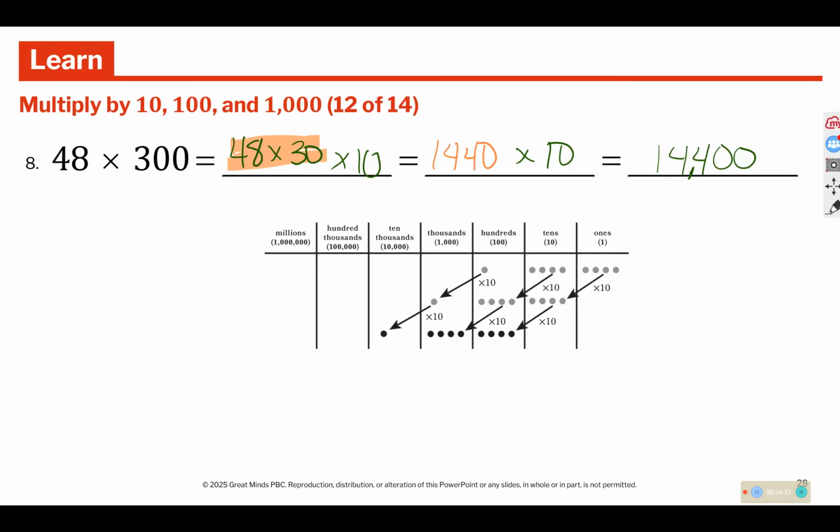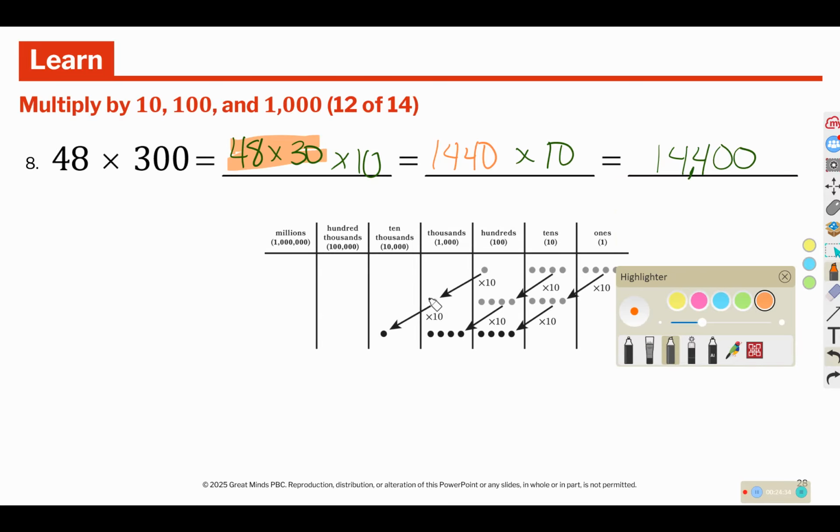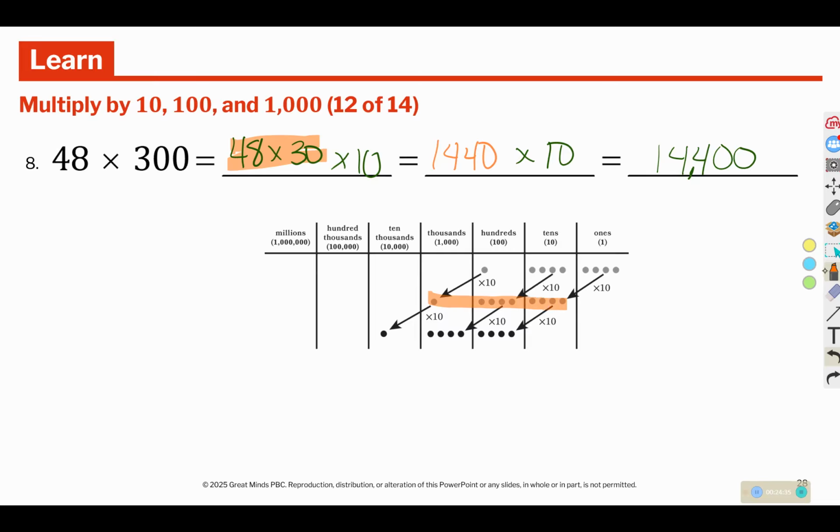You can see that instead of shifting once, for 300 it needed to shift twice. Here was our answer from the previous problem, and we needed to shift it 1 extra time. So we have 1 in the 10,000 spot, 4 in the thousands, and 4 in the hundreds position.